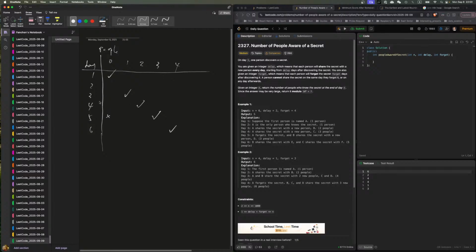So basically, n can be 1,000. So we can say each day, how many people know the secret on each day? On the first day, we have 1 person. On the second day, because of that, but we also need to keep track of... how do we keep track?